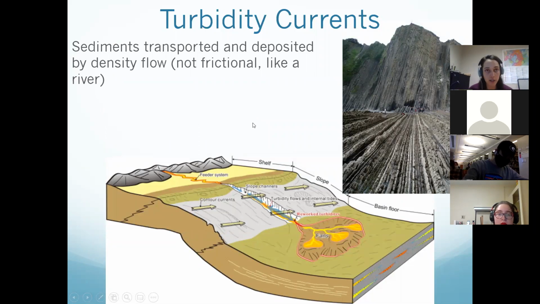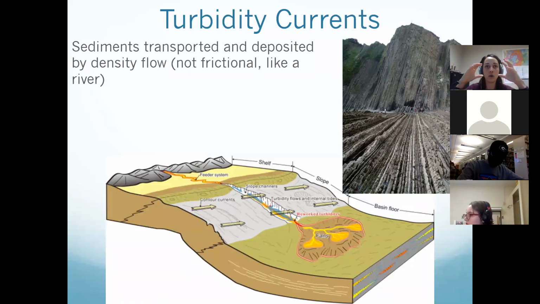So a lot of terrigenous material, actually almost all of terrigenous material, is transported and deposited by turbidity currents. Turbidity currents are gravity flows. So unlike when you think about landslides or alluvial fan deposits, turbidity currents work almost in the same way, but they're triggered by gravity.